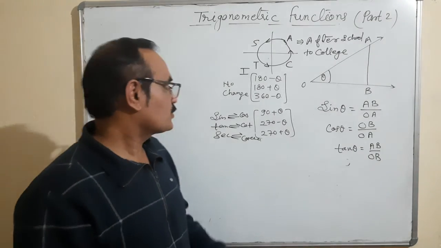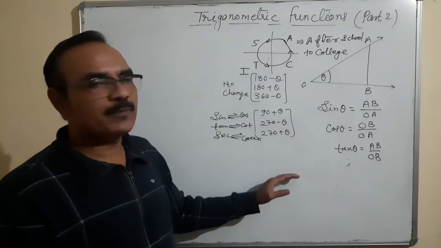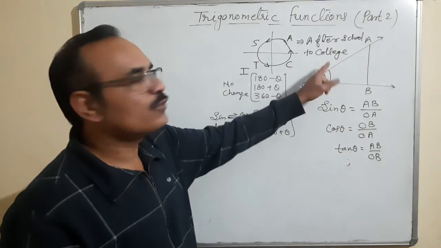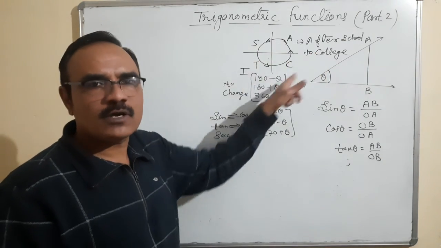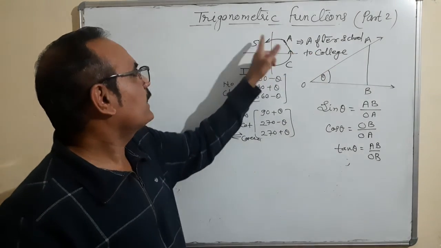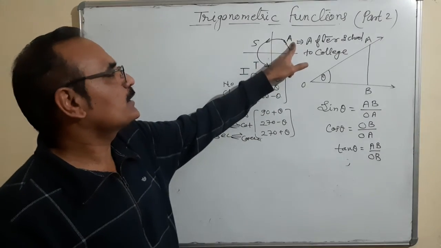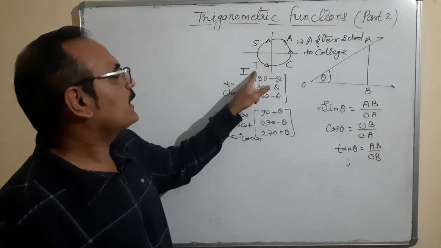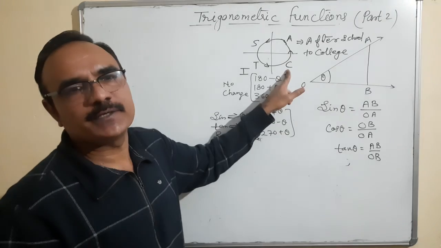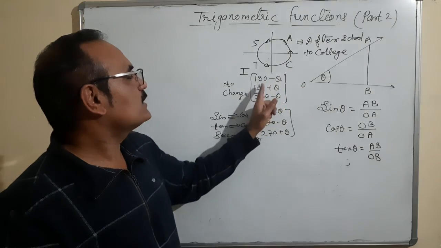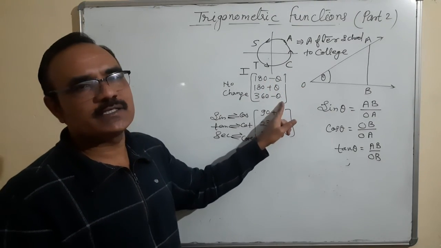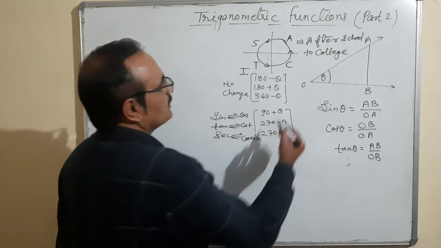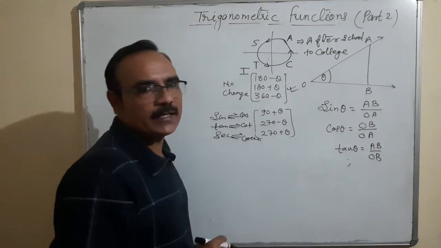Remember these very important key points: after school to college, counterclockwise direction always. A, S, T, C, all positive. Sine and cosec positive, tan and cot positive, cos and sec positive. We will change in these three terms only for finding the values.